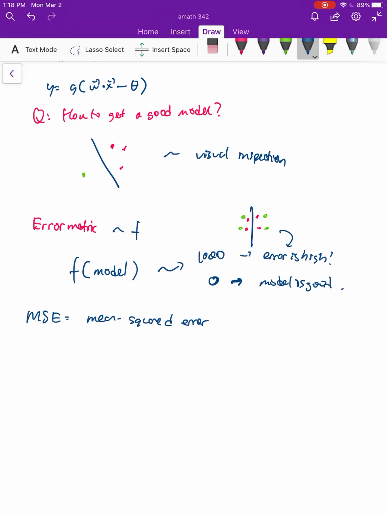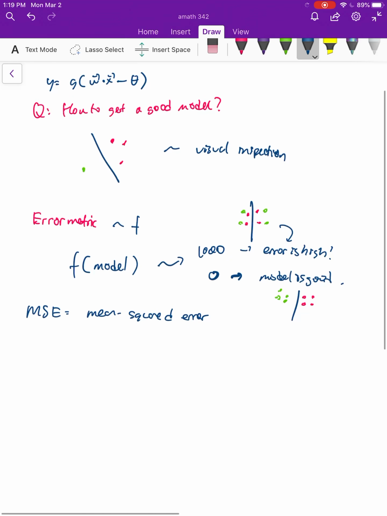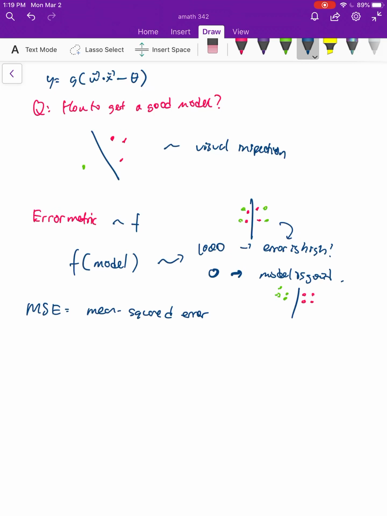Then this is an example where the cost function would return a high number. But if the data is completely linearly separable and you provided a good model, then the error function would return a low number. Mean squared error will capture this. So I will abbreviate this as MSE from now on.